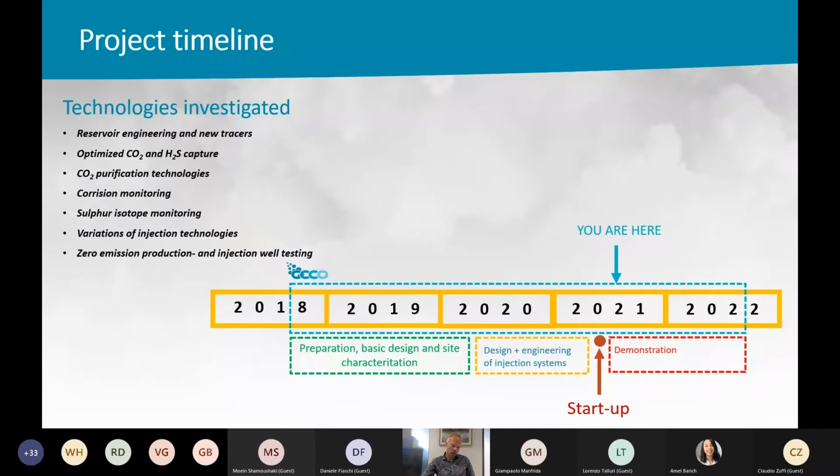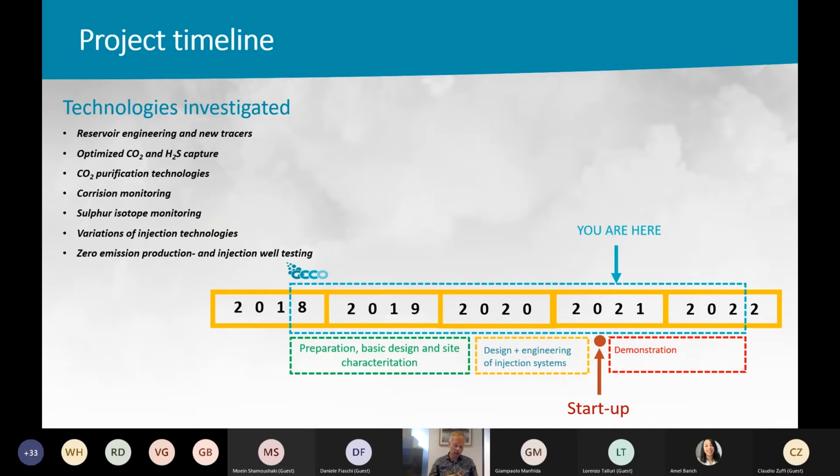So just to give you a little bit about the project timeline and what we are investigating. We started this project in late 2018. So we are just starting the 4th and final year of the project, and the overall concept of the timeline is that we spent the first, let's say, 2 years in preparation to collect all the information that we need about the sites, define the reservoirs, and define the infrastructure that was in place.